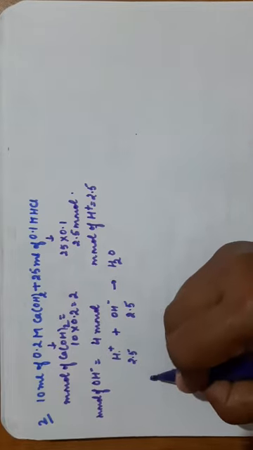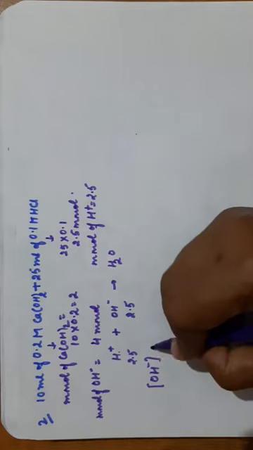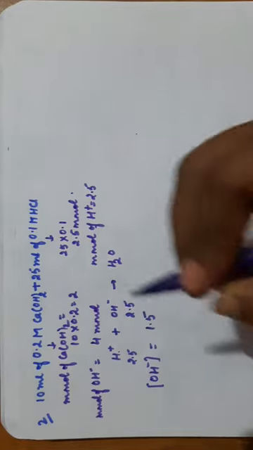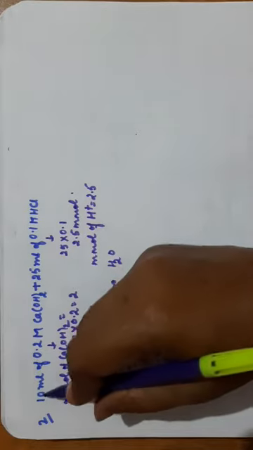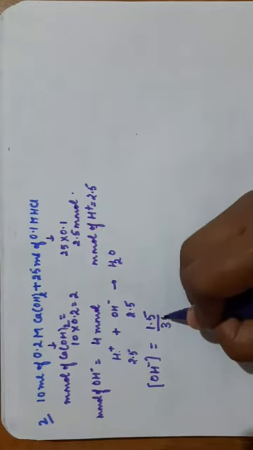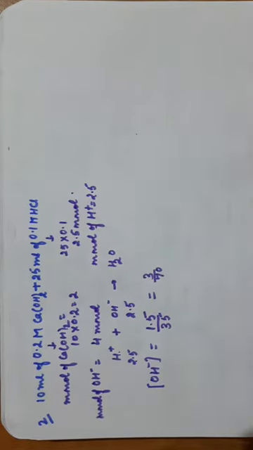So millimoles of OH minus left is 4 minus 2.5, that means 1.5 millimole, divided by total volume because we need concentration here. So 10 plus 25, 35. So it will be 3 upon 70.